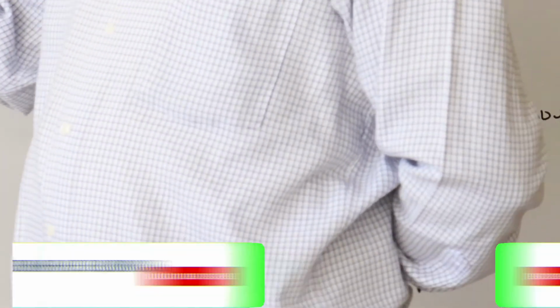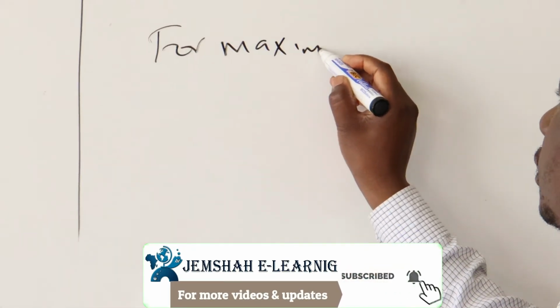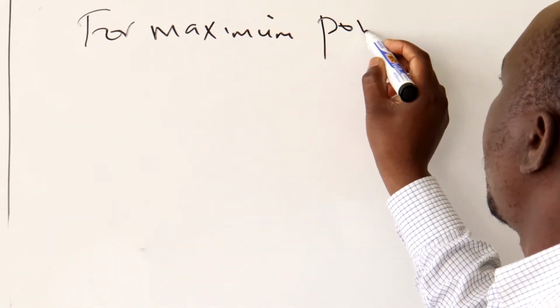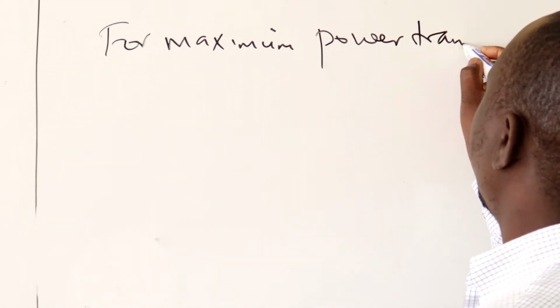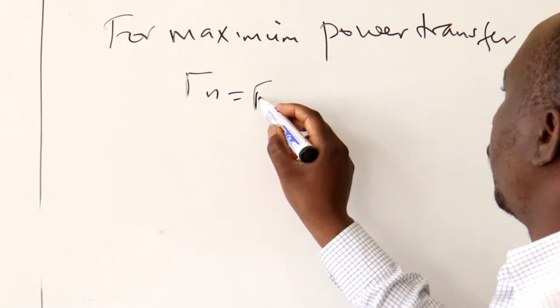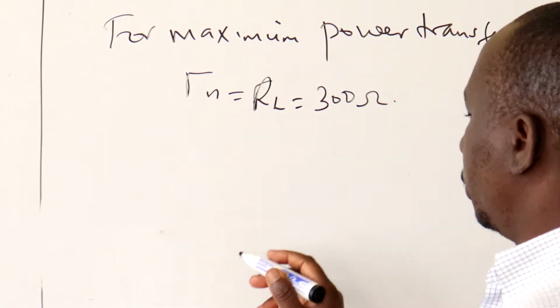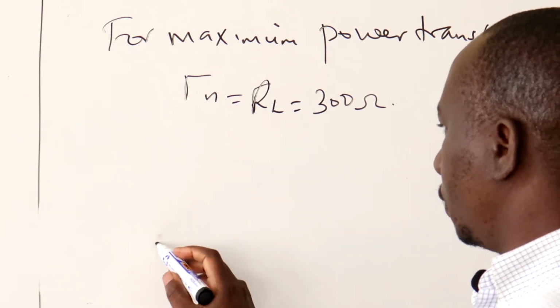So for maximum power transfer, R of N is supposed to be equal to R of L. It's going to be 300 ohms. So we have our circuit drawn this way.